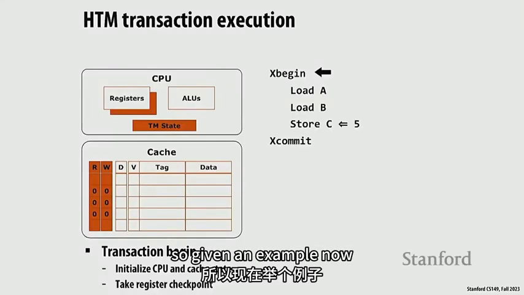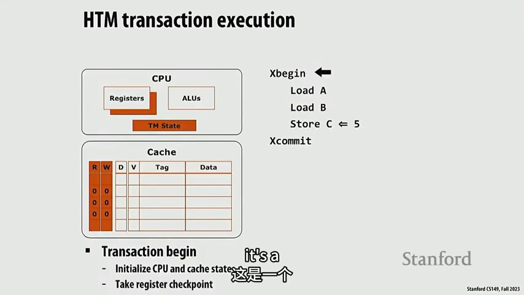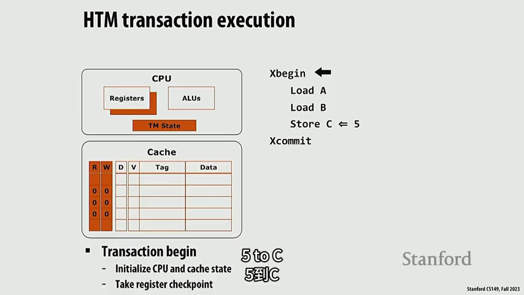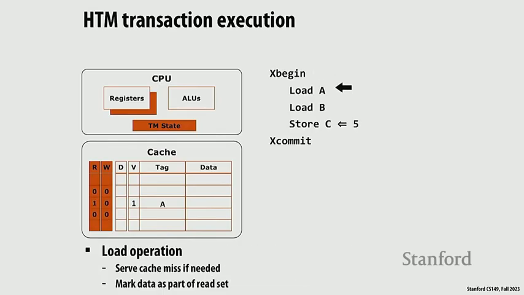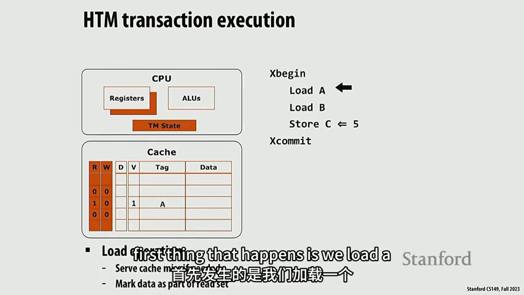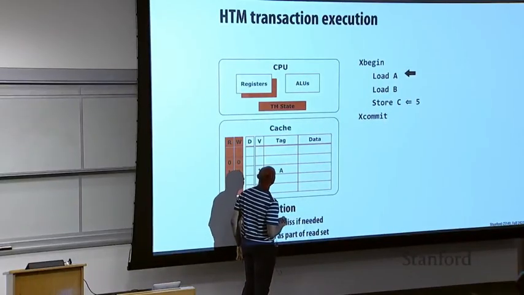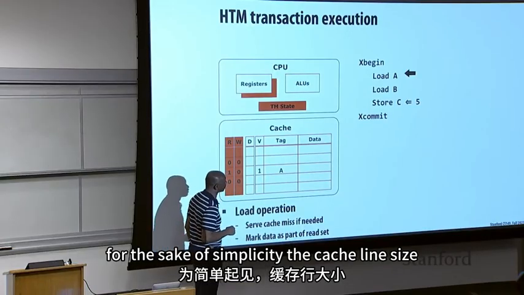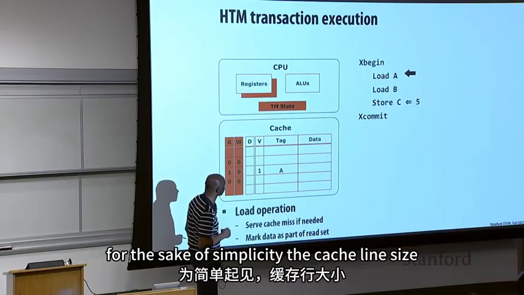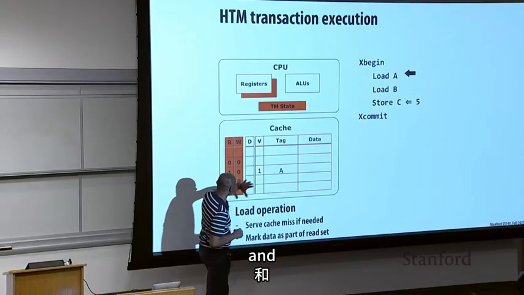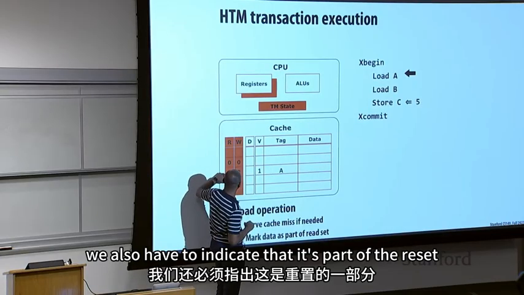So, given an example now, this is a very simple transaction. It loads A and B and stores 5 to C, and then we commit. All right, so first thing that happens is we load A, and the cache line becomes valid. Let's assume, for the sake of simplicity, the cache line size is a single word. And we also have to indicate that it's part of the read set, right?